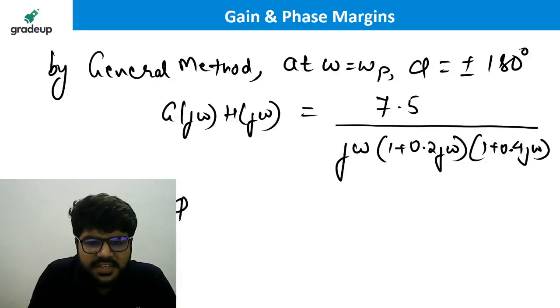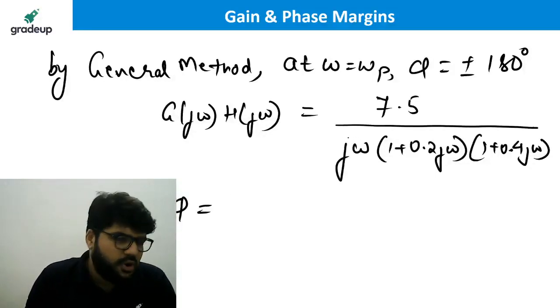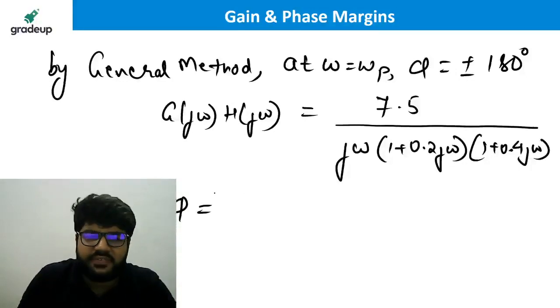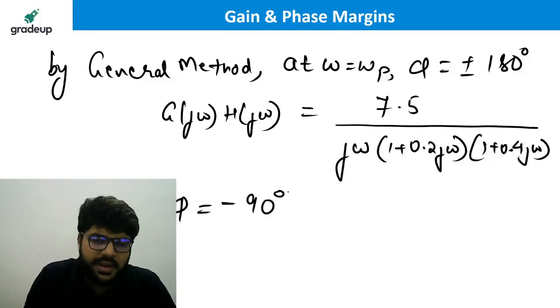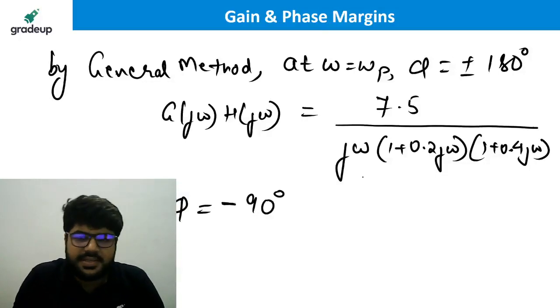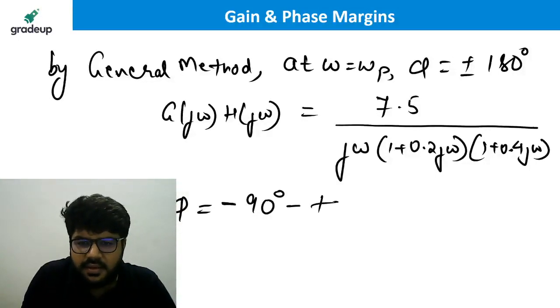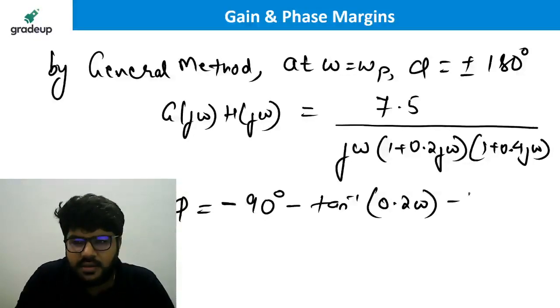So what is the phase function? You all know how to calculate phase now. We have been doing it several times in the Nyquist. Numerator is a positive real number. Directly come to the denominator and keep applying minus with the denominator. So minus of 90 because of the pure imaginary term, minus tan inverse 0.2ω, minus tan inverse 0.4ω.